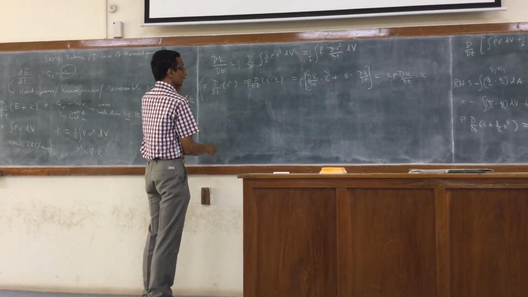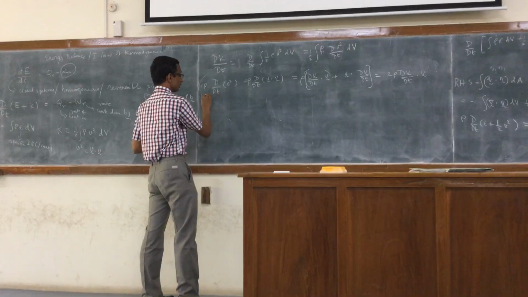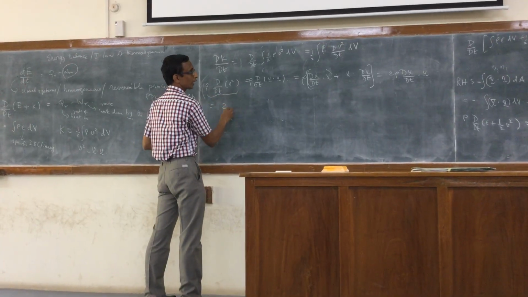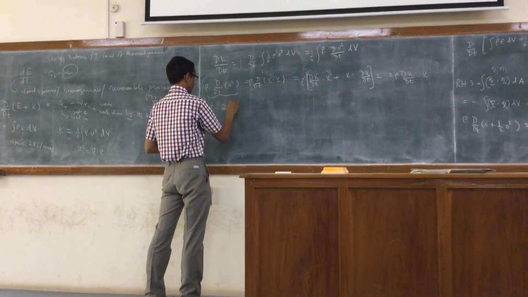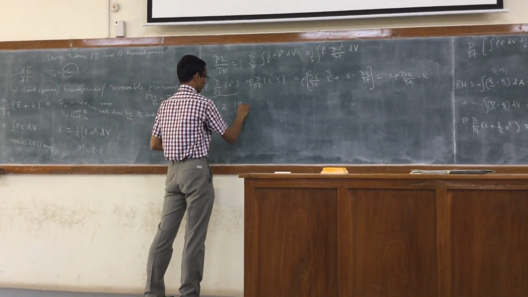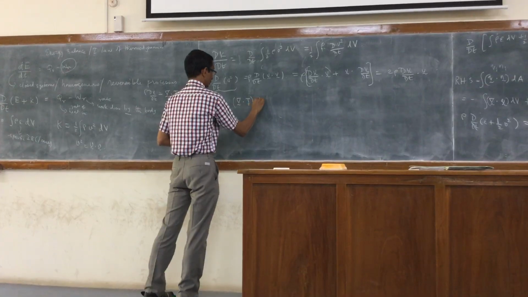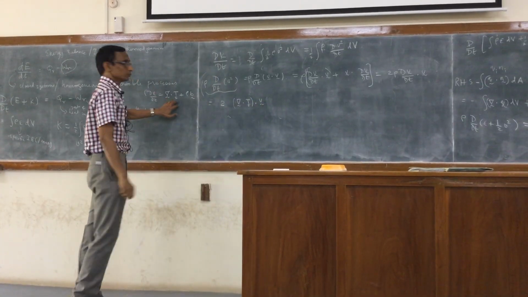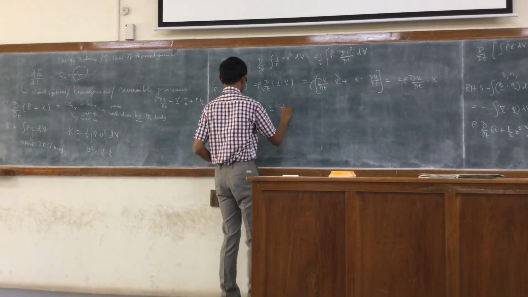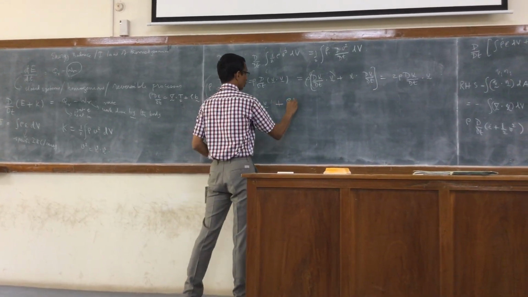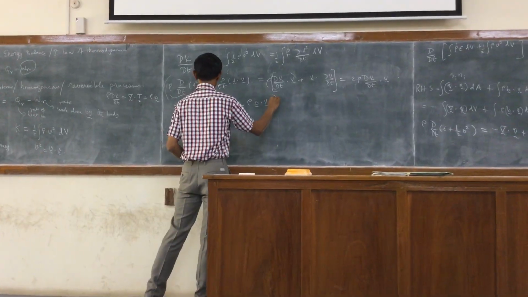So now what I will get is 2 times rho dv by dt is the divergence of T dotted with v, plus rho b dotted with v.